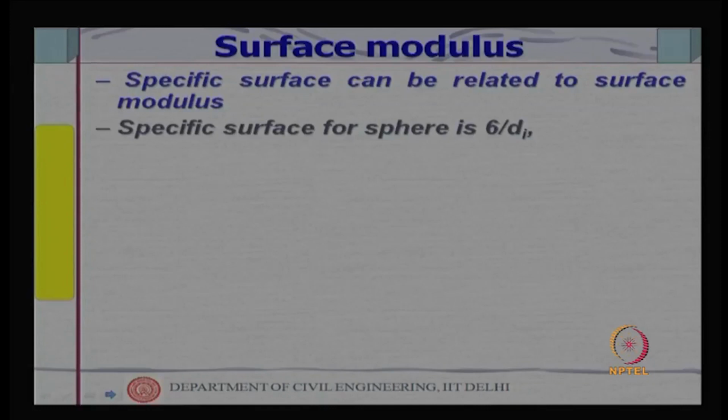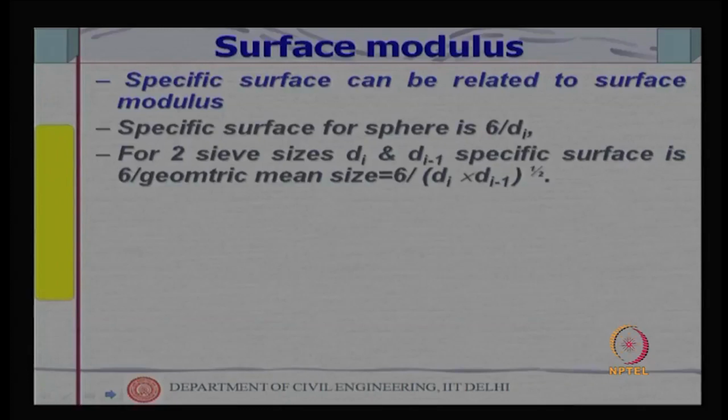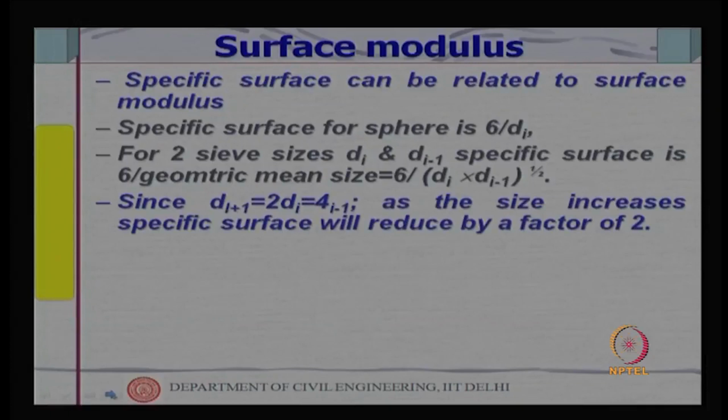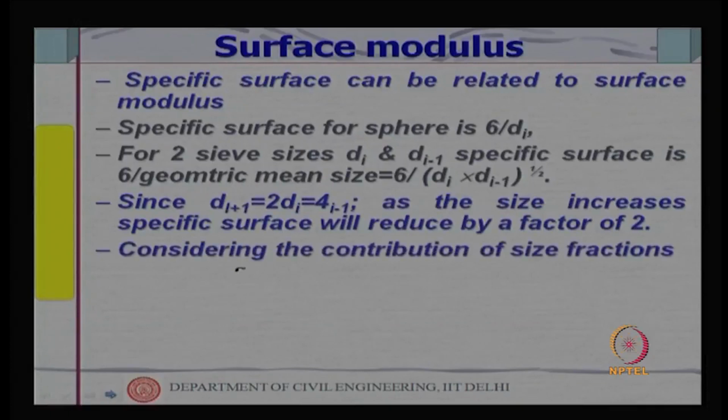Here we define the specific surface as the surface area per unit volume. So, specific surface for each particle can be defined, and then we can define the surface modulus again in terms of a kind of weighted function, and we will look into this in the next class.